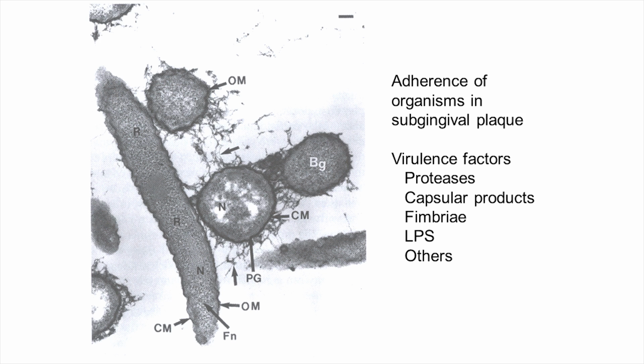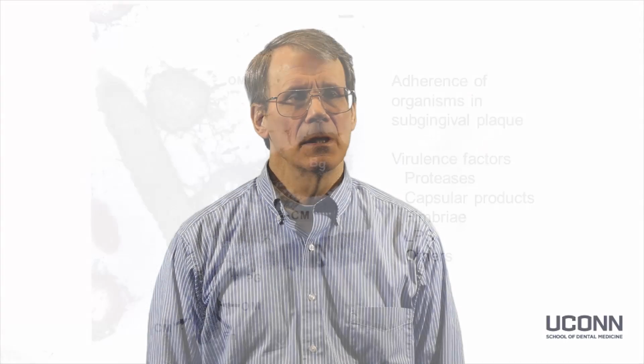So, for example, fimbriae, which make up the bulk of these adhesion types of proteins, are also recognized by the host through macrophage receptor recognition, and they promote chronic inflammatory responses. So this represents the type of aggregation that can occur and how it's easy to understand how these clusters can form in the subgingival plaque.